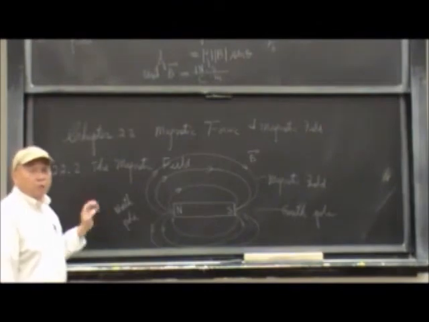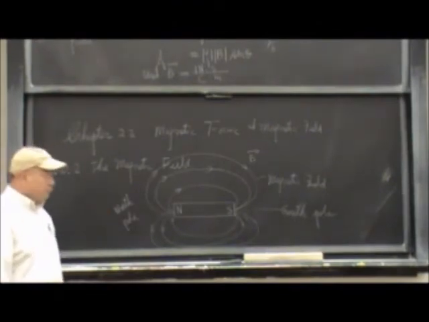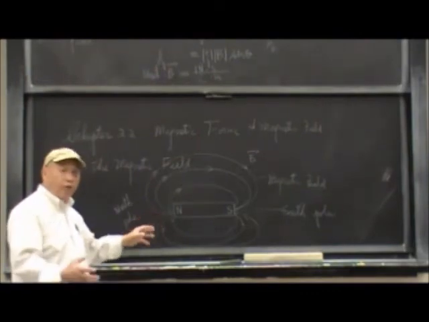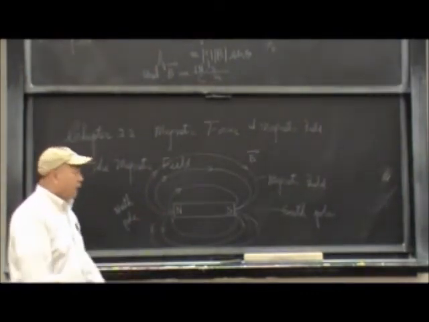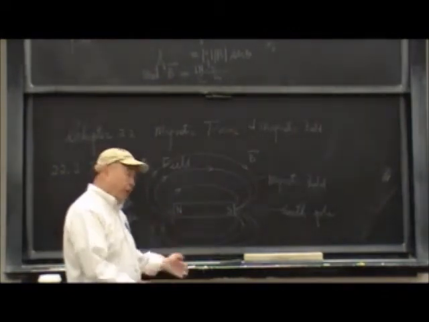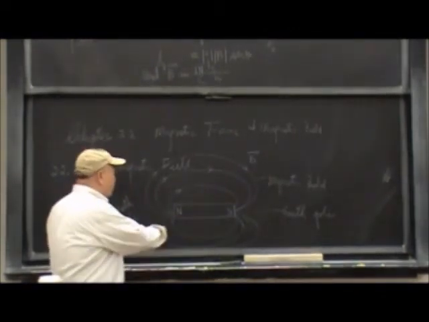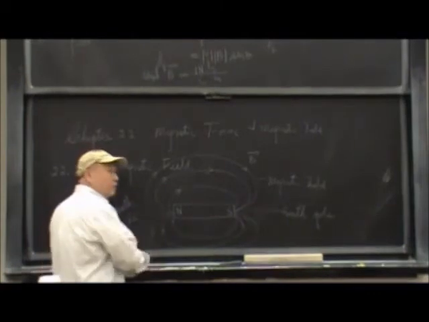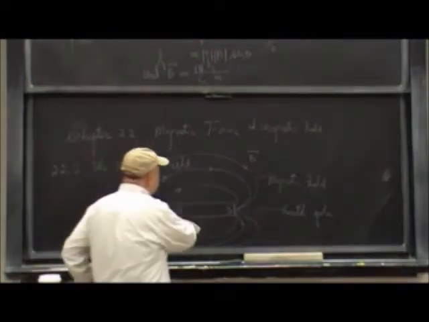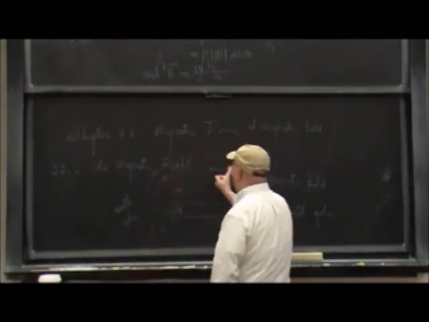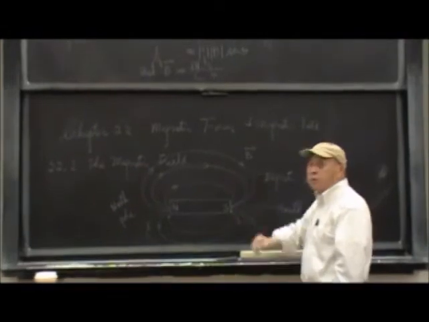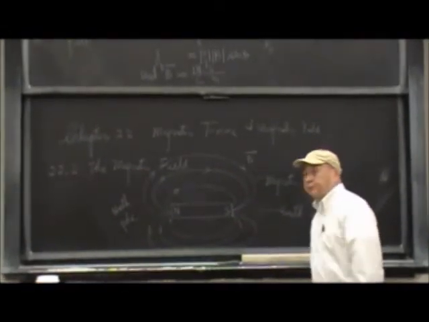The law of poles: the same side of pole, north and north, repel each other, and south and south poles repel each other as well. But when north and south meet, they attract each other. When this occurs, the north pole and south pole create a magnetic field between them.